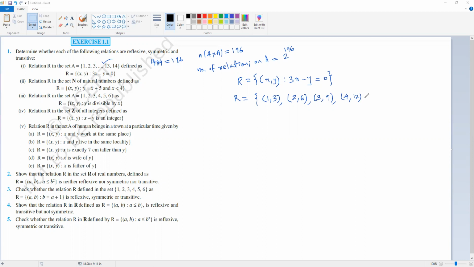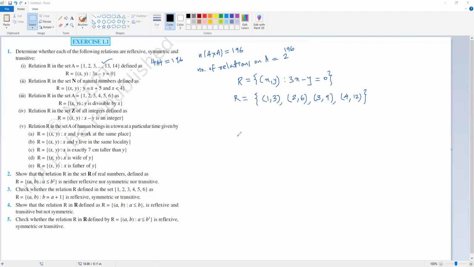But 15 is not in the set, so this is your relation: the set 1 comma 3, 2 comma 6, 3 comma 9, and 4 comma 12. Now, so we wrote the relation only. Now the question is whether it is reflexive. Reflexive है क्या?